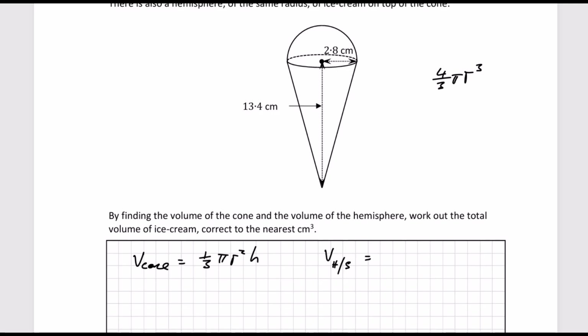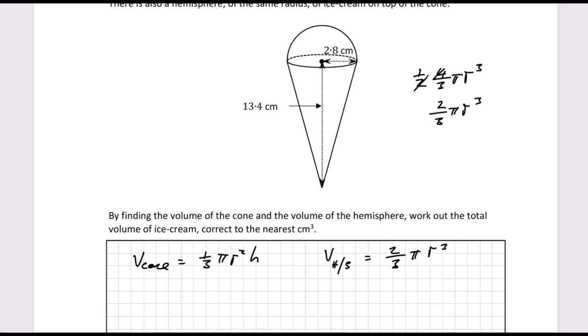So what you really want to do is half that because we have a hemisphere. So we're multiplying by 1/2 if you like. That 2 will divide into that 4. So what you end up with is 2/3 pi r cubed. So we're going to use 2/3 pi r cubed. Now you can use 4/3 pi r cubed, work out your answer, and then half your answer at the end.